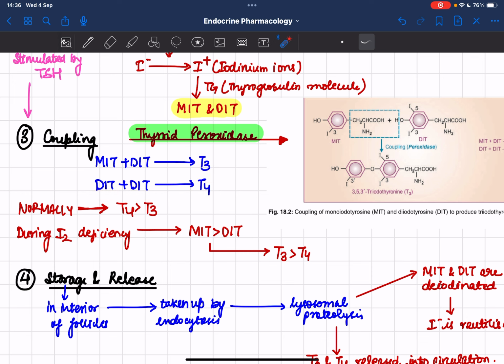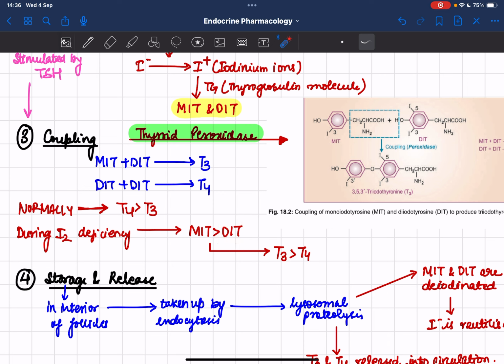Now coming to an important thing, that normally T4 is produced much more than T3. In general, this T4 is converted into T3 peripherally via deiodinase that I told you. But if there is iodine deficiency, think yourself, if there is goiter due to iodine deficiency, there is less iodine, so there will be more MIT and less DIT.